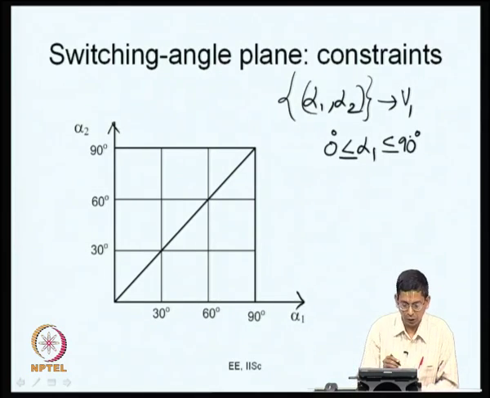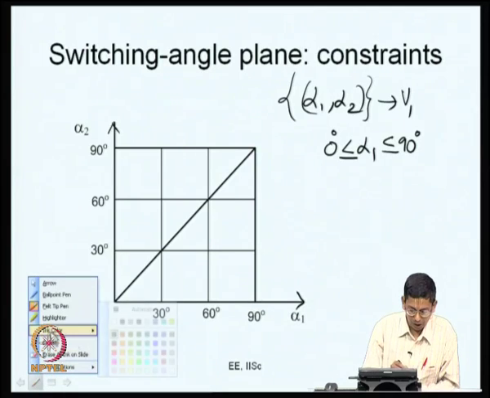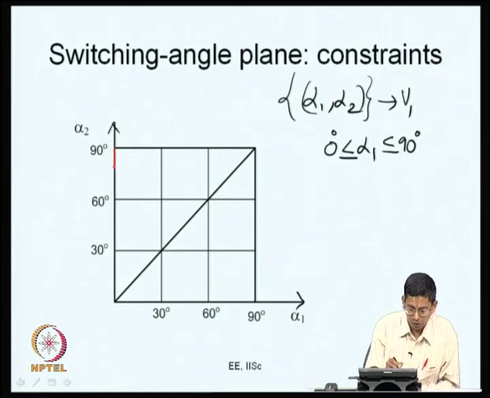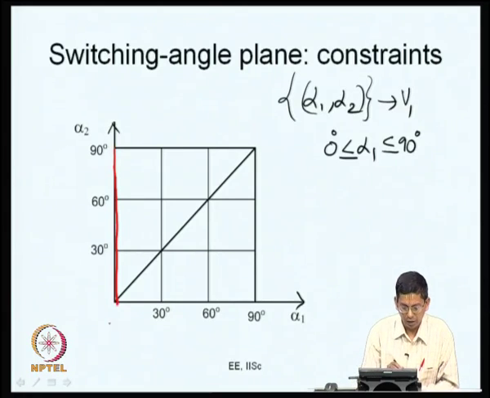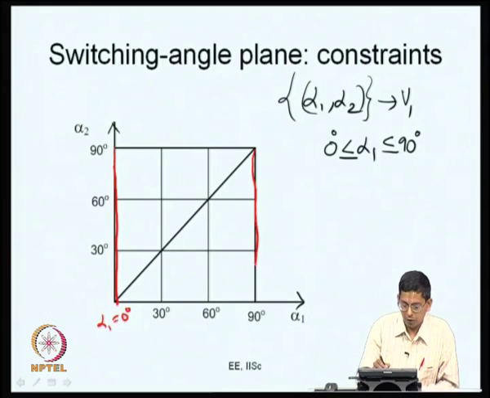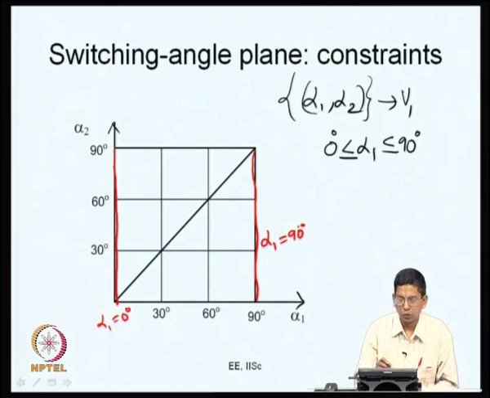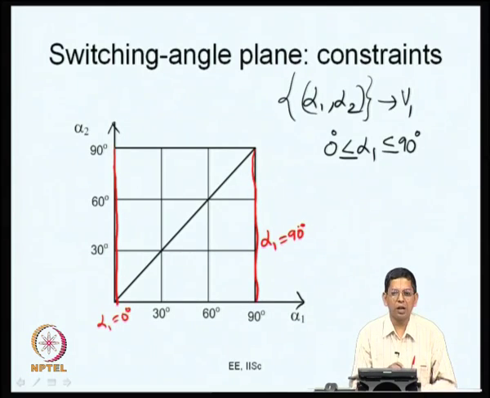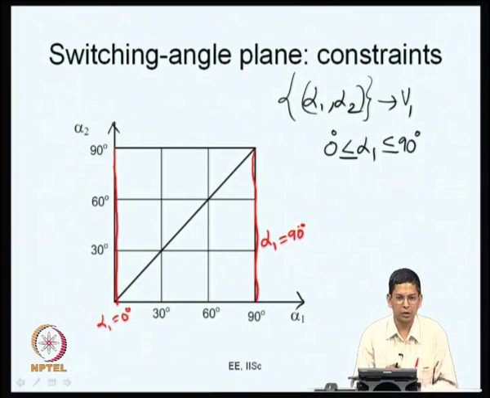Let me choose red ink here, so that it will be clear. This is the line alpha 1 equals 0 degrees, and this is the line alpha 1 equals 90 degrees. So, no switching angle will go beyond these two. We want these two switching angles within this region. So, these are two limits.